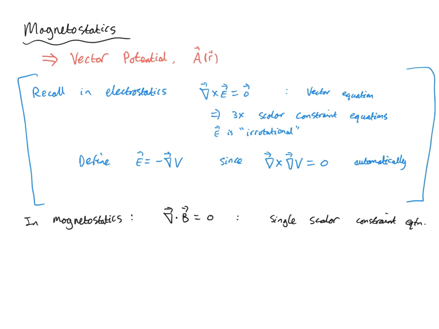So this is a much weaker condition. So we cannot define the magnetic field just in terms of a scalar potential, like we did for electrostatics. There's not enough constraint, if you like, to make that big leap. But instead what we can do is define a vector potential.